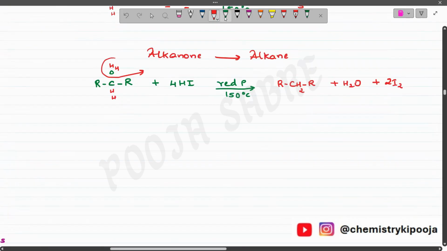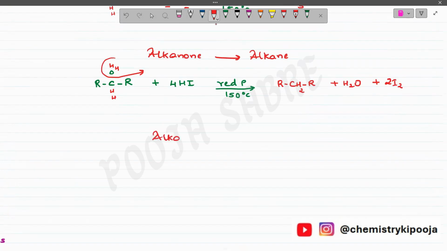Let us have a look now at something of a similar type. Let us take alkanoic acid. When alkanoic acid is treated with red phosphorus, we get alkane. Now how are we going to proceed? It is again of the similar type.